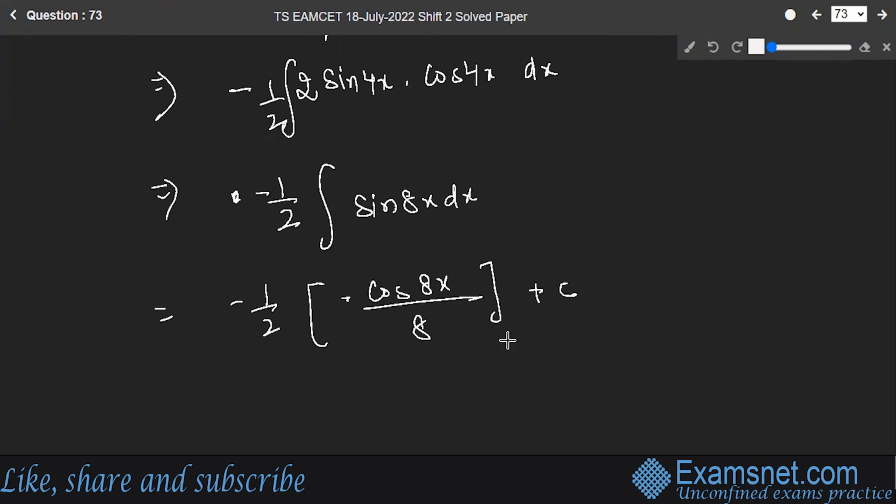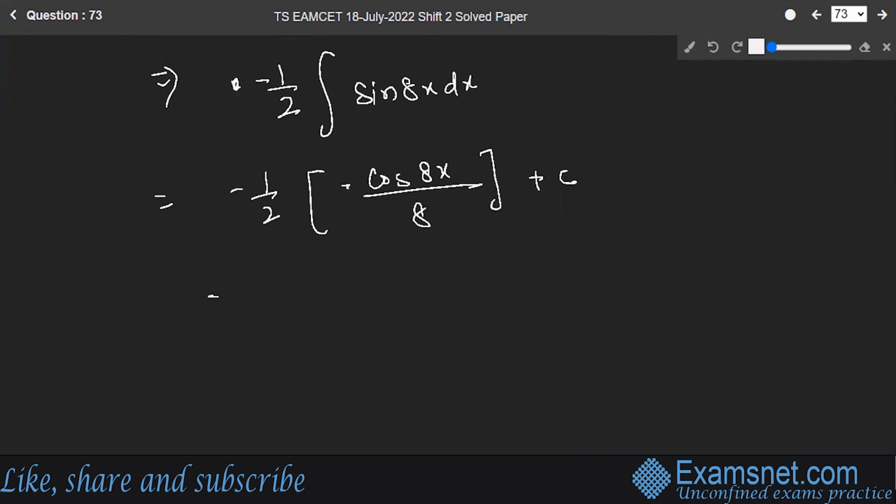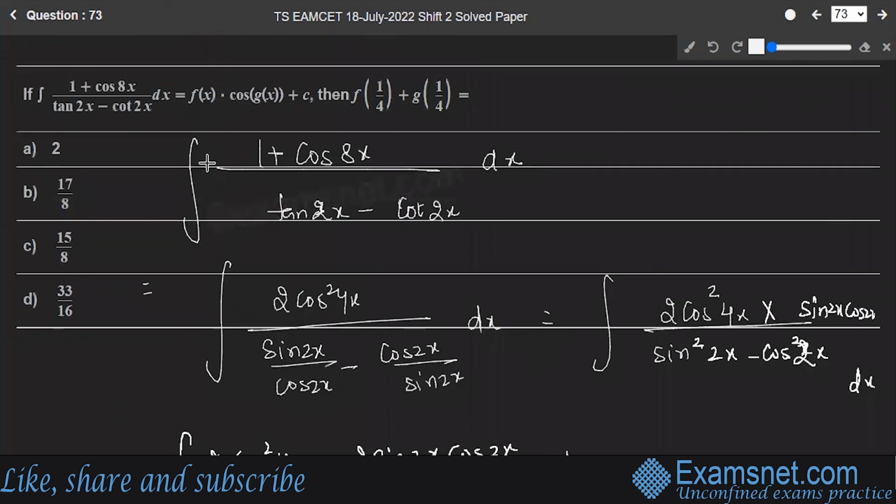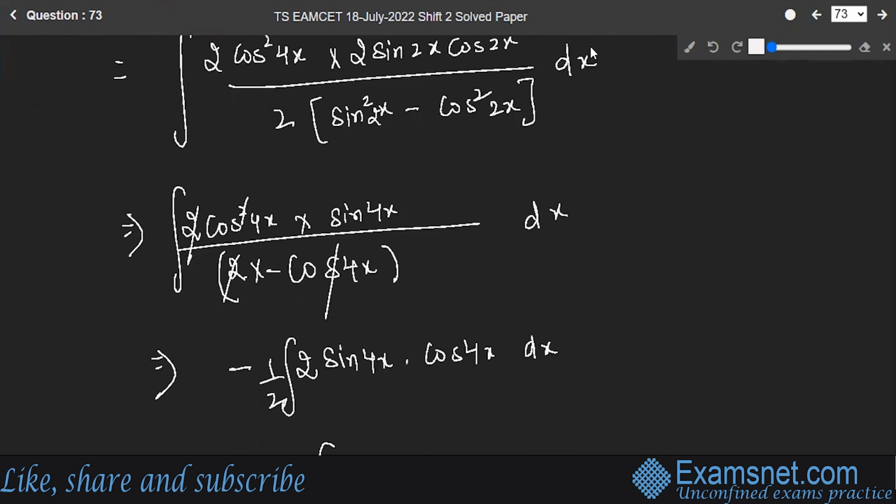So that is equal to this. Now, in the question it is given that this is equivalent to f(x) into cos of g(x) plus c.